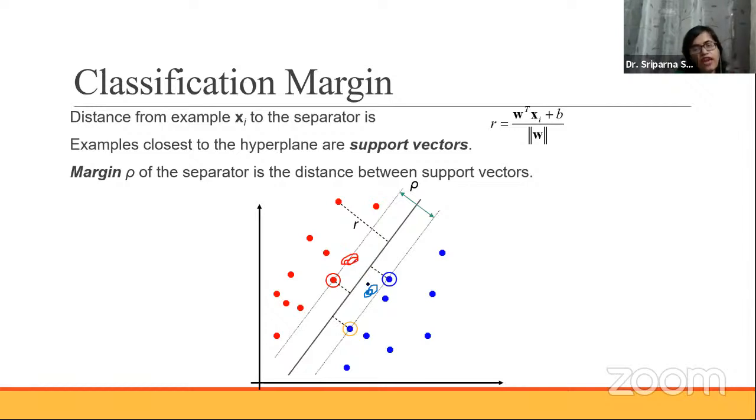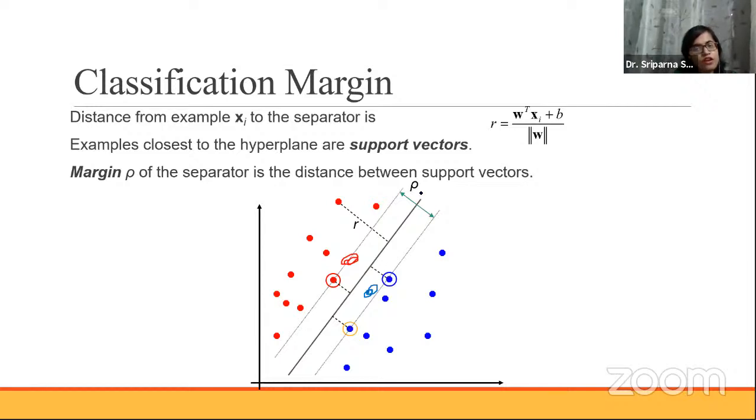As these are the 2 support vectors, if you have the maximum margin, then even if the data points move a little bit, you can still have proper classification. So adding the new data points, new support vectors are decided.